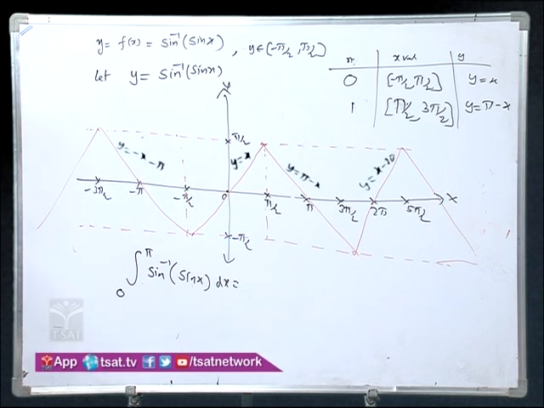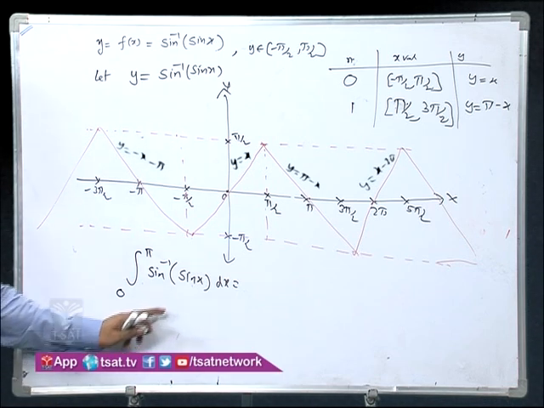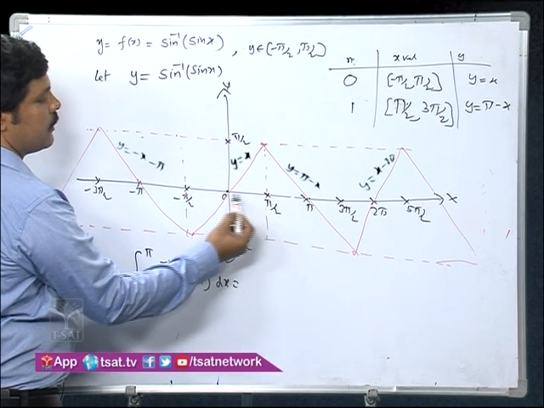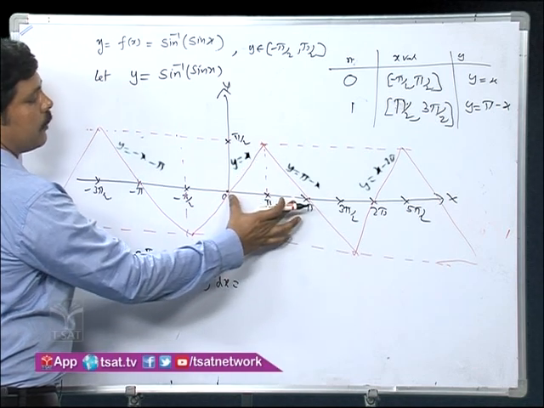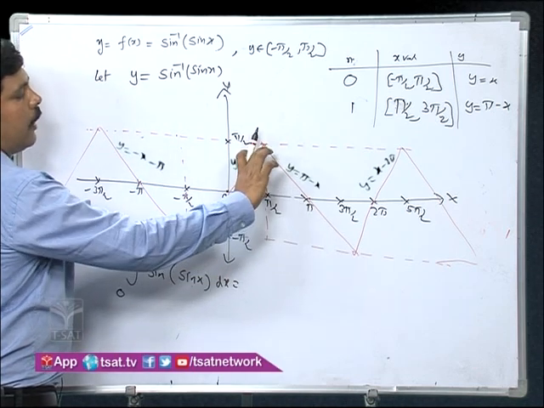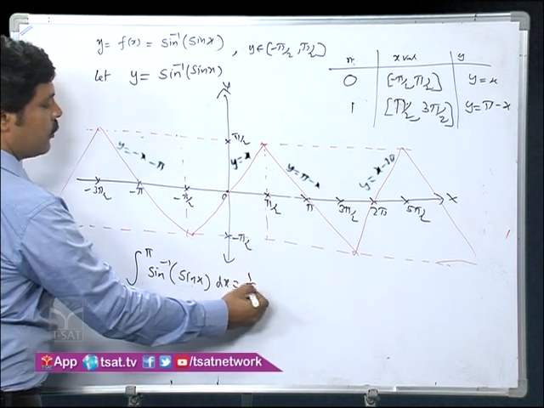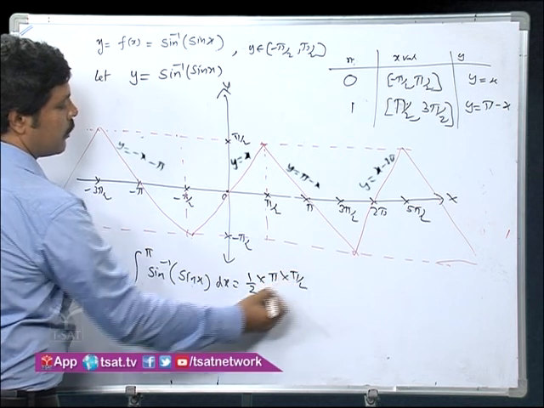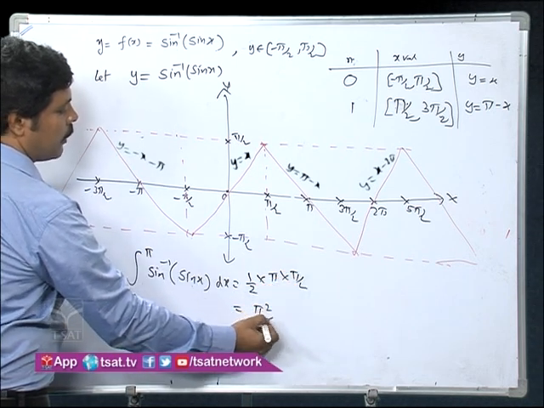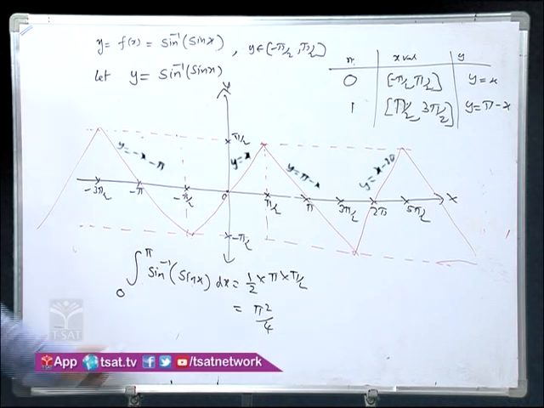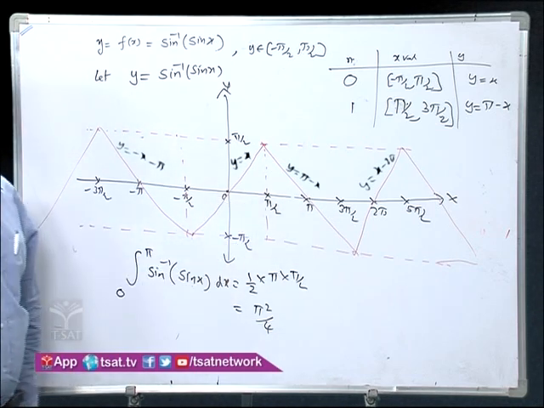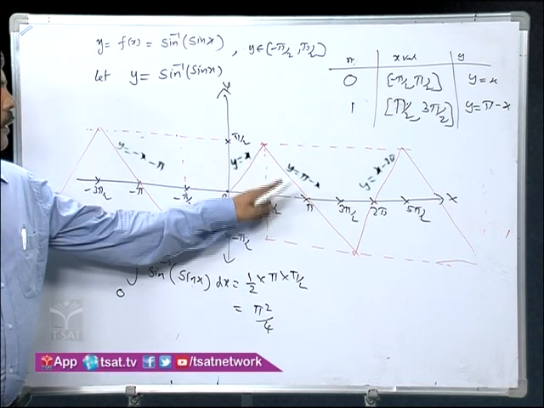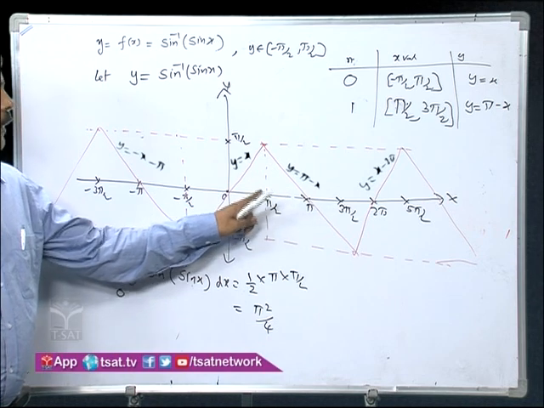From 0 to pi, this is a triangle with base length pi and height pi/2, so the area is half into base pi into pi/2, that is pi square by 4. Half into base into height. This is the area of the curve with the x axis.